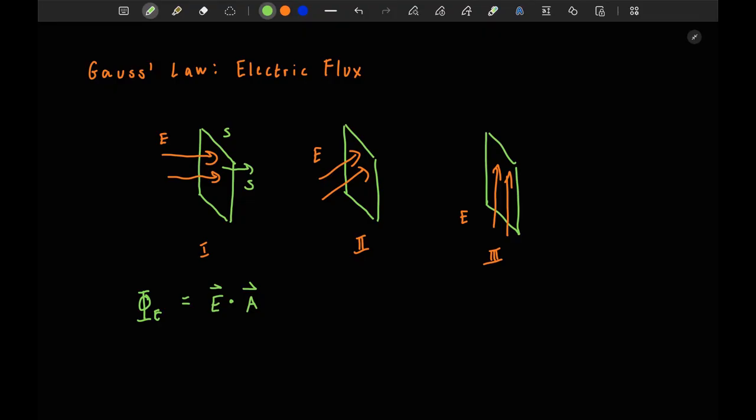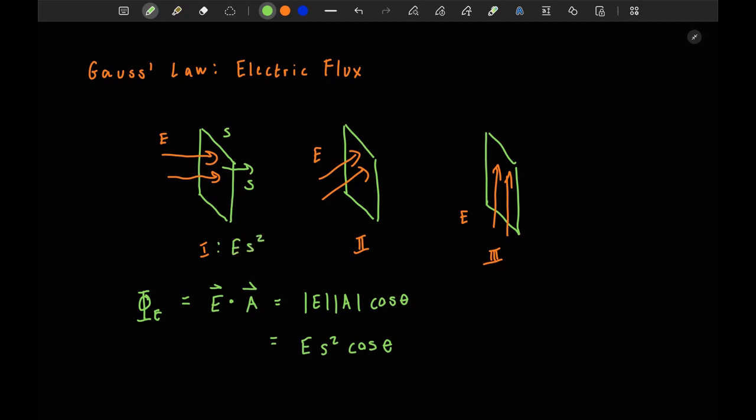And so in this case, we can now simplify this down to being magnitude of E, magnitude of A, cosine theta. And we can see that given that we have A squared, we would have E s squared cosine theta. In scenario 1, the angle between the electric field and our normal vector to the surface is 0, so that we just get E s squared.